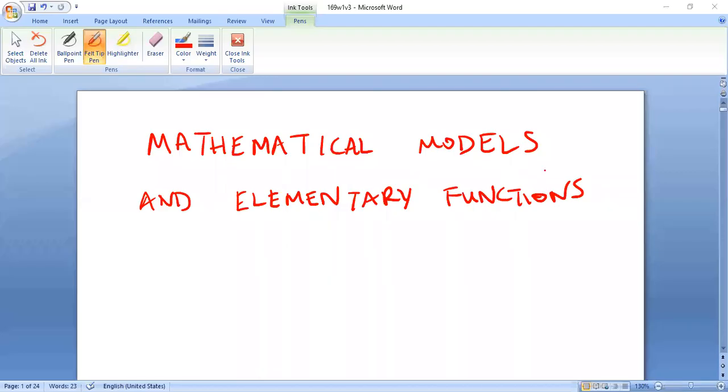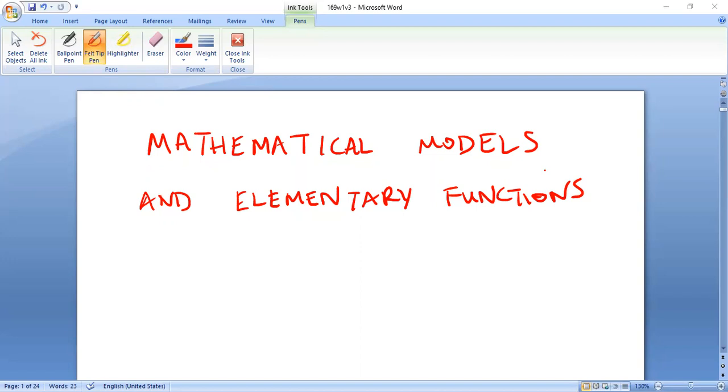Hello everyone. Today we are going to talk about mathematical models and elementary functions because when we look at real life problems, for instance, the size of a population, the demand of a product, or the cost of a product, or sales of some product, or the speed of a falling object, concentration of a product in a chemical reaction, telecommunication systems, DNA molecules or those molecular structures of chemicals, all kinds of stuff we can think about.